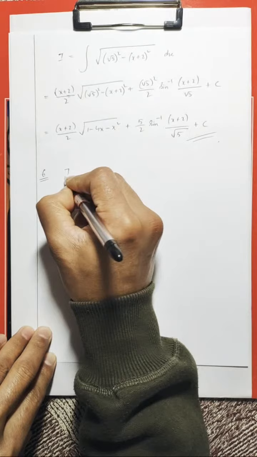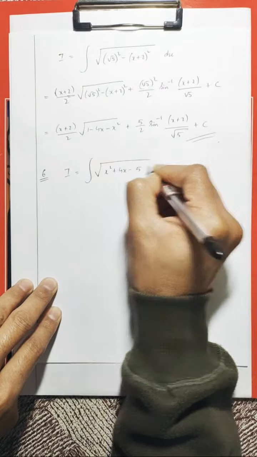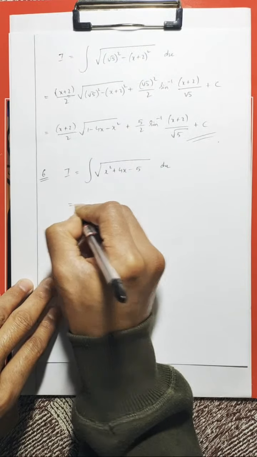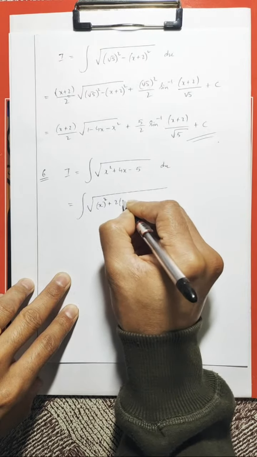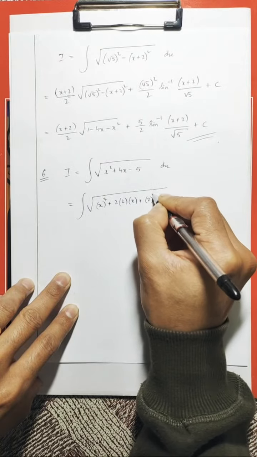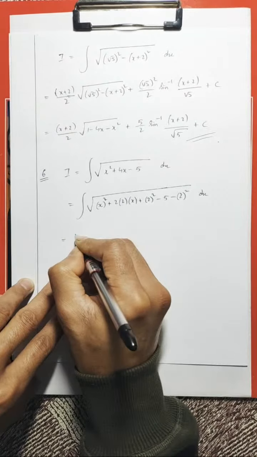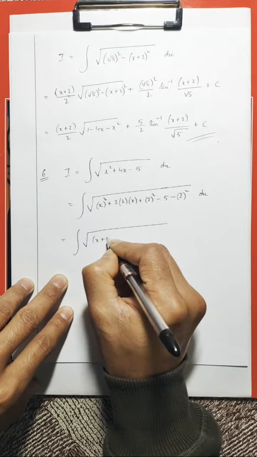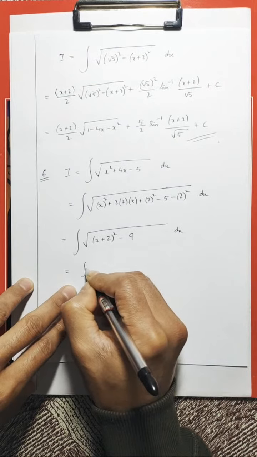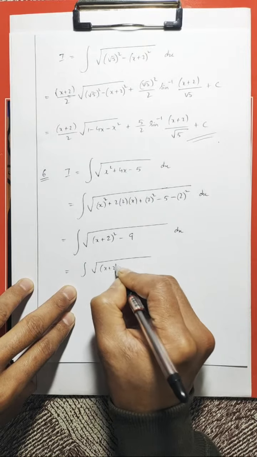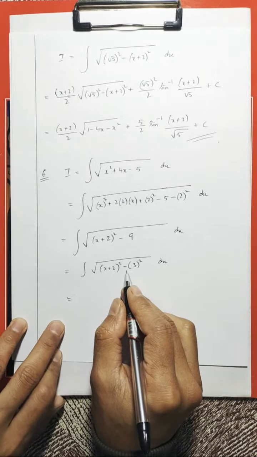All right, number 6. So this will be x square minus a square.